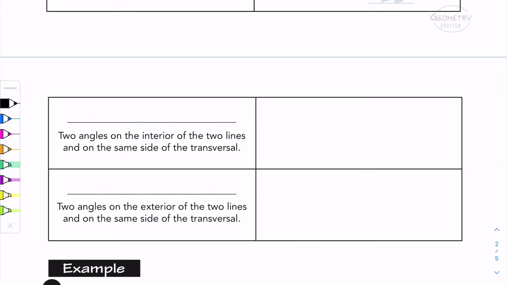We have same side interior angles, which are two angles on the interior of two lines and on the same side of the transversal.